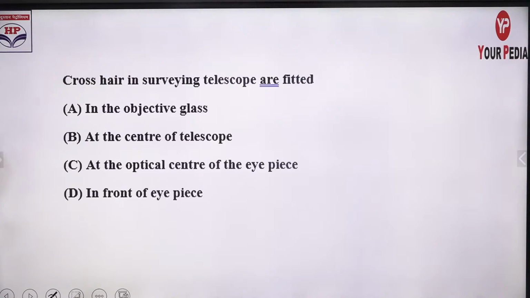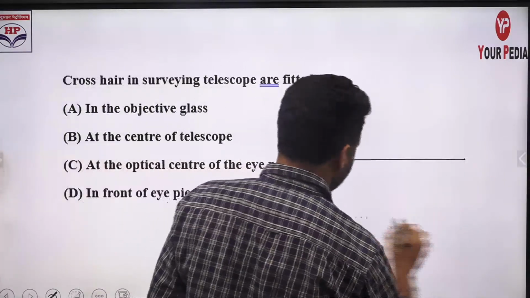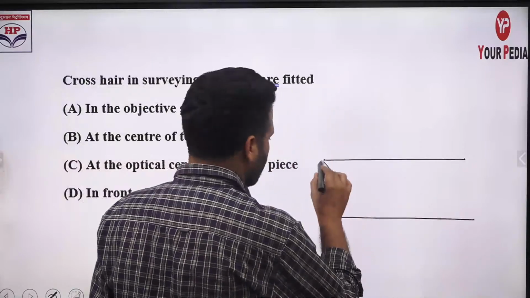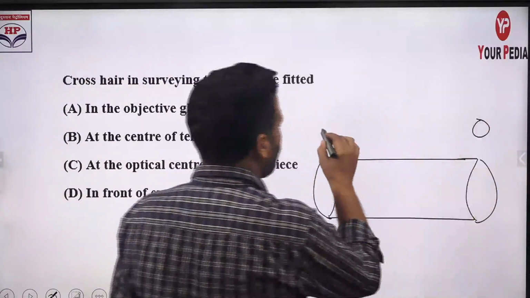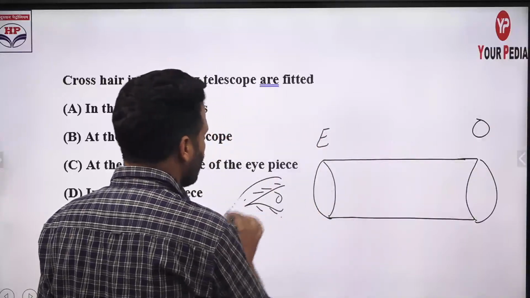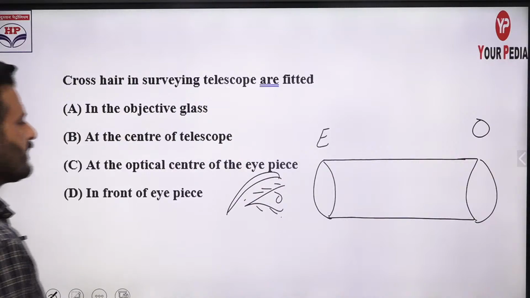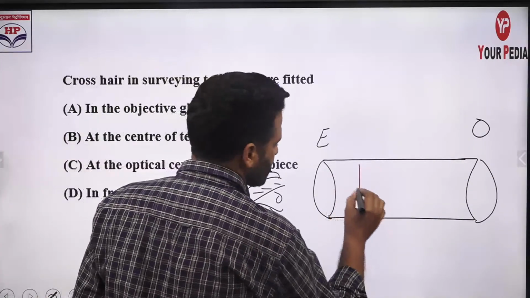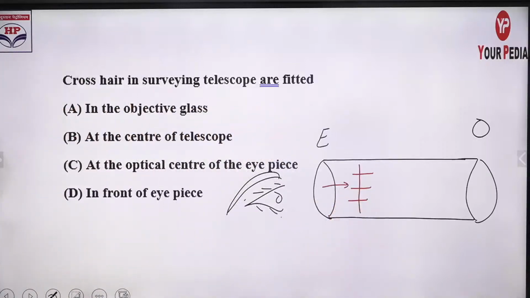Crosshairs in a surveying telescope are fitted in. He is asking, if you have this telescope, here we have the telescope. Let this be your eyepiece, and this side your objective, O for objective, E for eyepiece. Suppose he just wants to know the location of the crosshairs. So the crosshairs are in this region. This is the stadia diaphragm, so it is just near your eyepiece.